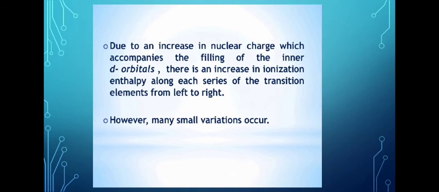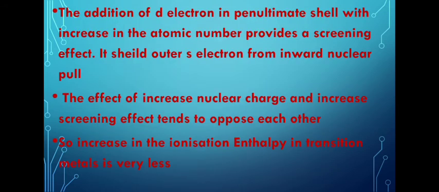But we know that as the atomic number of d block elements increases, the number of electrons in the d orbital also increases, and with the increase in electrons in the d orbital, the second effect starts operating, that is the shielding effect or screening effect. Due to this screening effect, the impact of nuclear charge is reduced, because the electrons in the d orbital screen the outer electrons from nuclear charge, hence the size is not decreased so much.